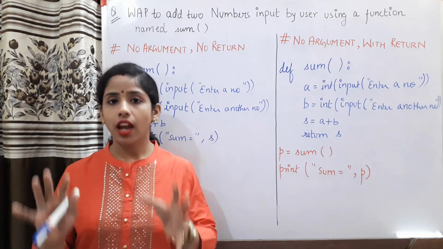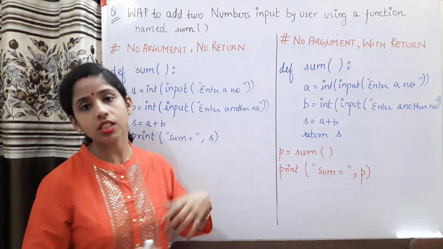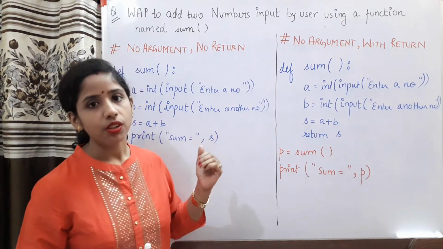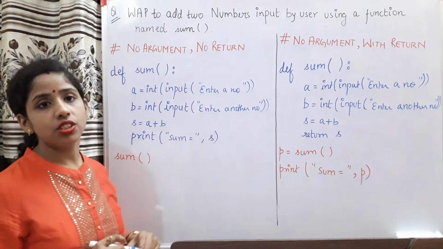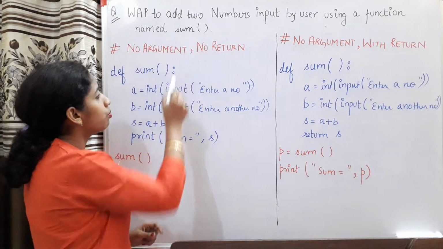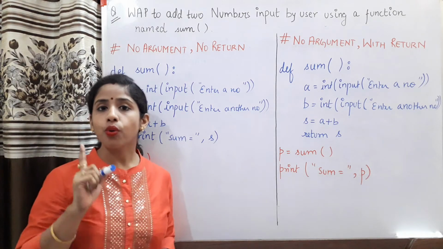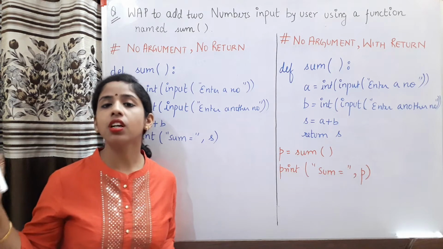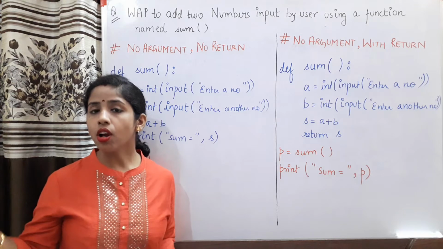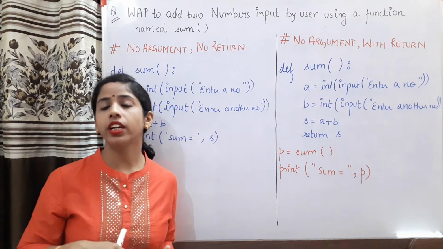This example will be related with these functions when I discuss them. So, talking about the first function style, no argument, no return: neither is the owner of the shop going to give the raw material to the employee, nor is he going to take the shirt back after it is stitched.